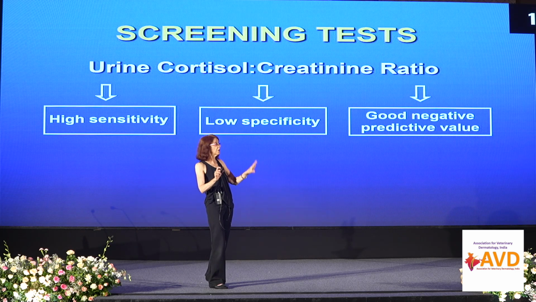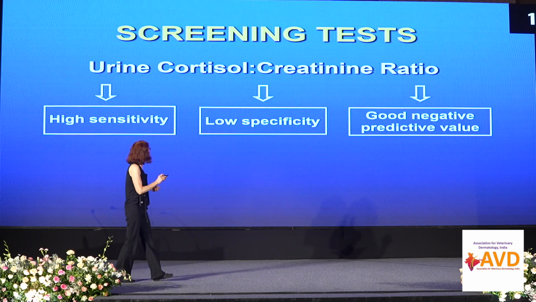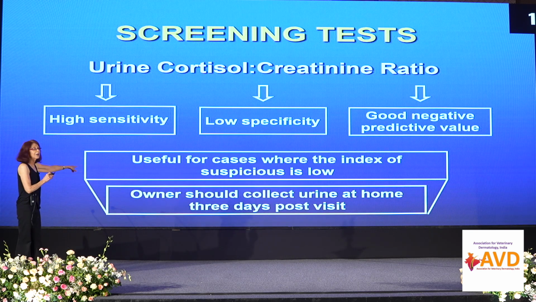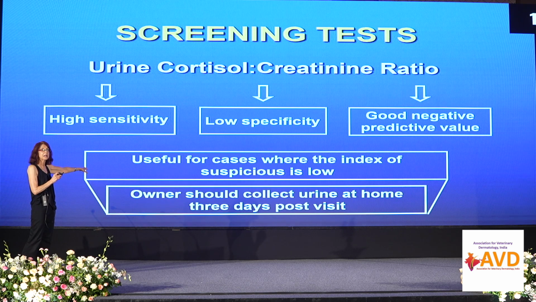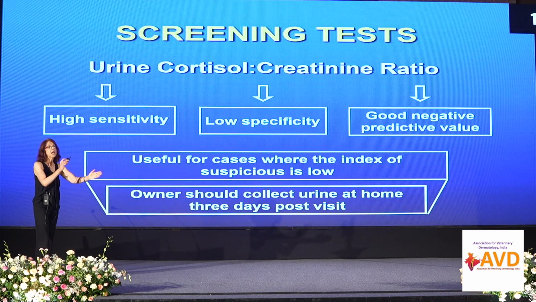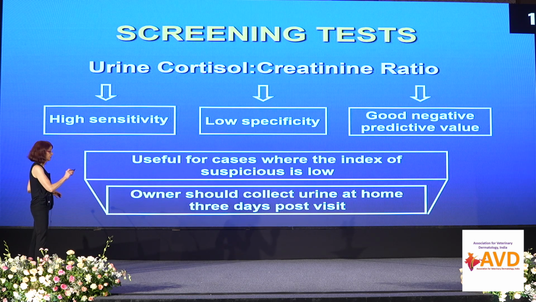If it's negative, you say, okay, I have to think about a different disease. If that makes sense. Use it for cases where your index of suspicion is low. And if you're doing that test, ask the owner to collect the urine at home and bring it to you, but wait 3 days or so, so that the stress of being in the hospital does not interfere with the test results, okay?